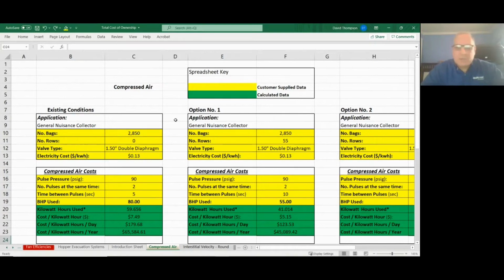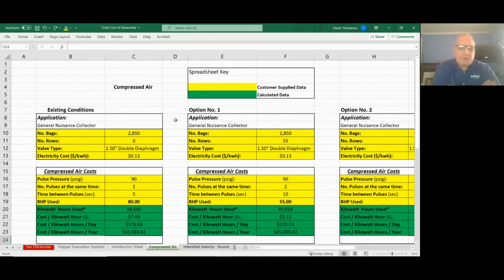However, if you're pulsing too often, or if your pulse cycles are not what they should be, short, robust bursts of energy going through to clean the bags, if they're longer and less effective, you can begin to wear the bags out from the inside. And that's typically what happens with standard felt bags.